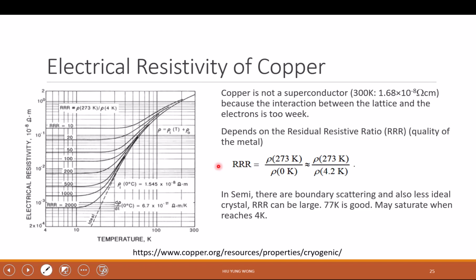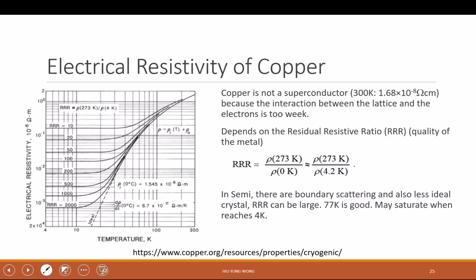But anyway, you also know that for metal, when you go to lower temperature, you have higher electrical conductivity, or lower resistivity. This plot shows the resistivity. So when you go to lower temperature, it will keep going down. Make sense?